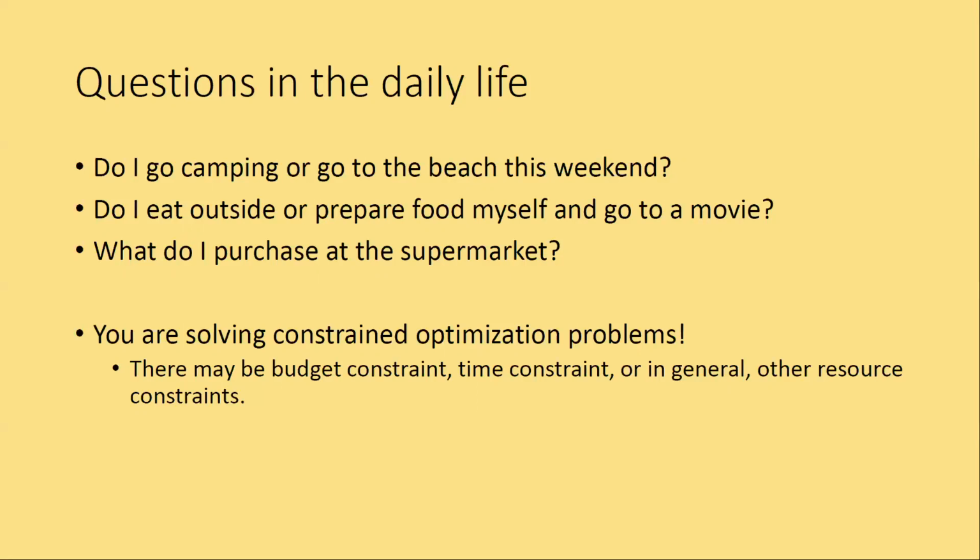And if I'm time constrained, I might choose to eat outside, even if I prefer to prepare food myself and go to a movie afterwards, right? And in general, there will be many other different kinds of resource constraints, not only budget and time.